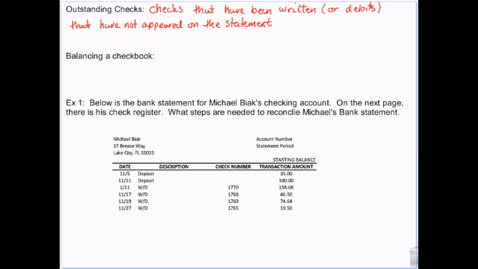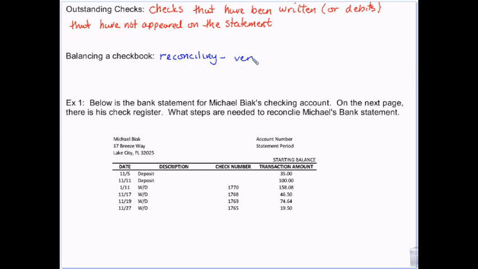So you can have outstanding deposits and you can have outstanding checks. And a check, it doesn't have to actually be a check. It can be an ATM transaction, a debit, an electronic funds transfer, things like that, just debits. Balancing the checkbook is also known as reconciling.